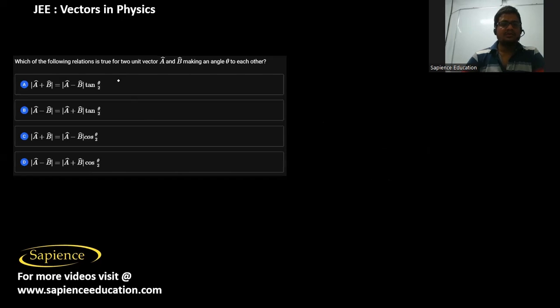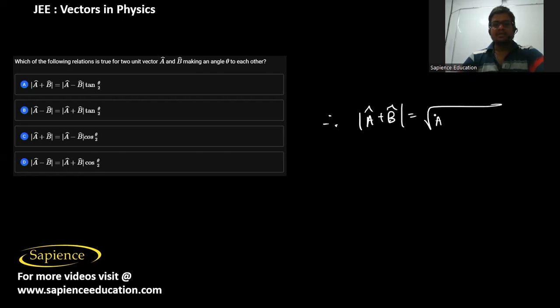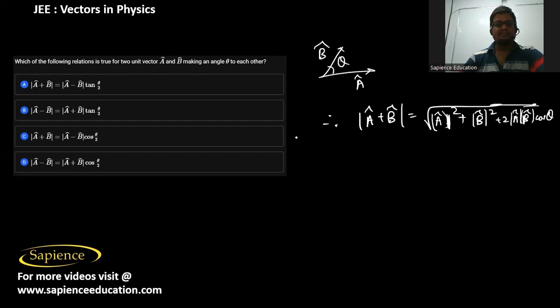Here it is asked which of the following relations is true for unit vectors A cap and B cap, making an angle theta to each other. So the magnitude of A cap plus B cap will be equal to the square root of magnitude of A cap square plus magnitude of B cap square plus 2 times magnitude of A times magnitude of B times cos theta, where theta is the angle between the unit vectors A cap and B cap.